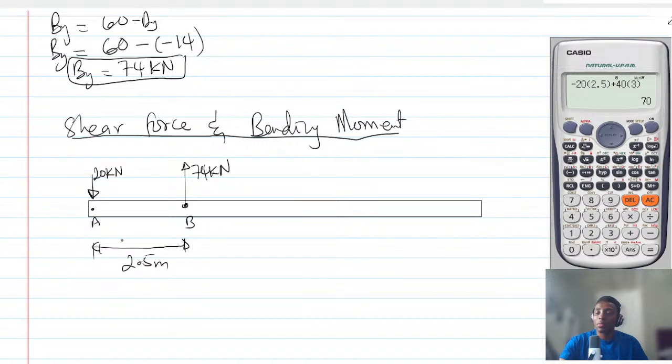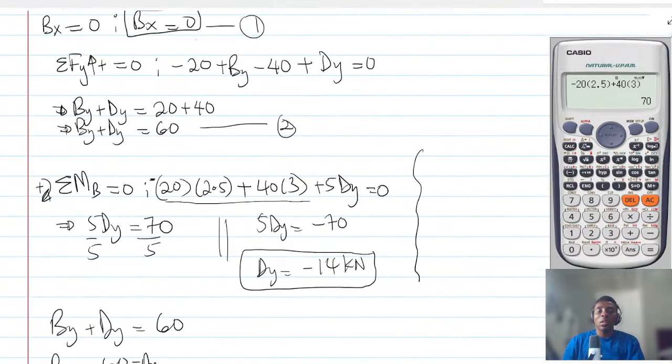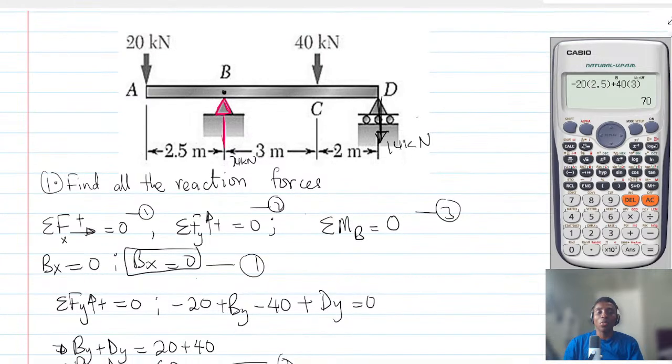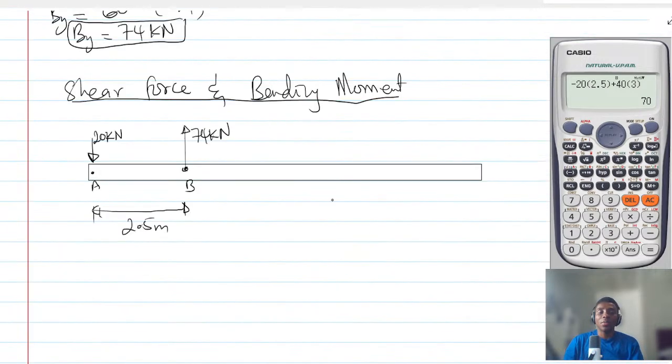Okay, so that is it for 74. And the distance is 3.